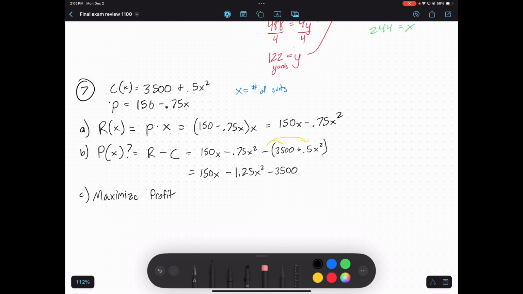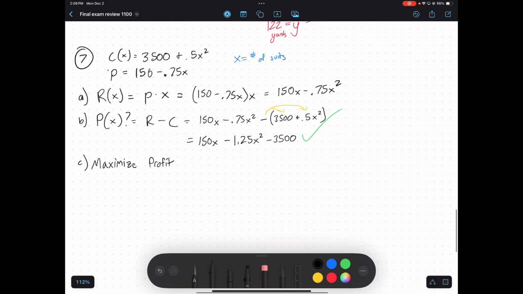I need an equation for profit. If I want to be able to maximize it, I need an equation to actually work with. Do I have an equation for profit? Check, yes. I already have it. So part of my work is already done. We've already come up with a profit equation.